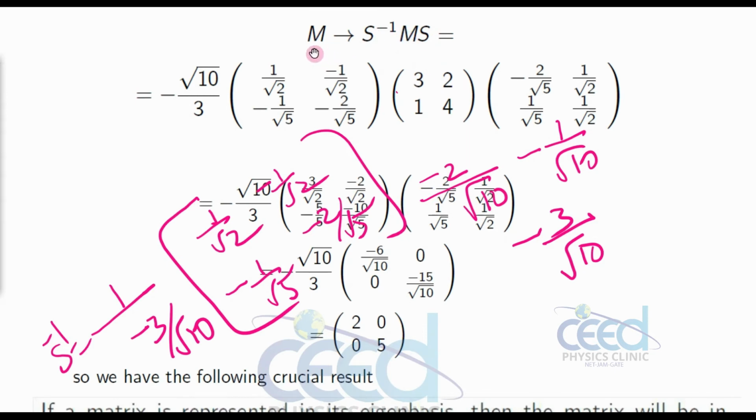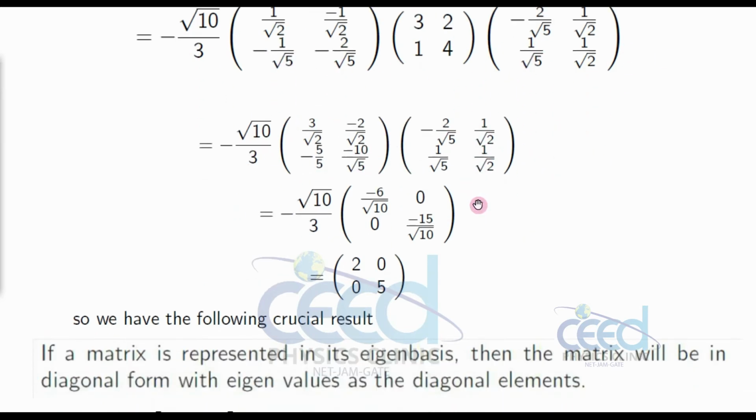S inverse we have already got here, and this is our first matrix M, the matrix that is given in the initial part. So you are going to diagonalize this matrix, and S we have also already found. Now you multiply this whole thing, and you will get a beautiful result: a diagonalized matrix.